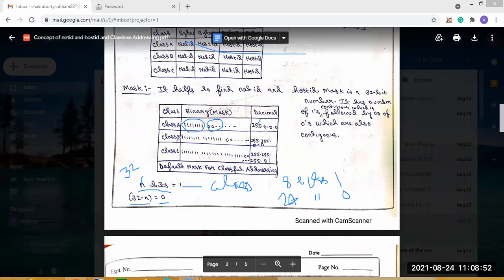In the case of class B, 2 bytes are the net ID, which means 16 bits are the net ID.